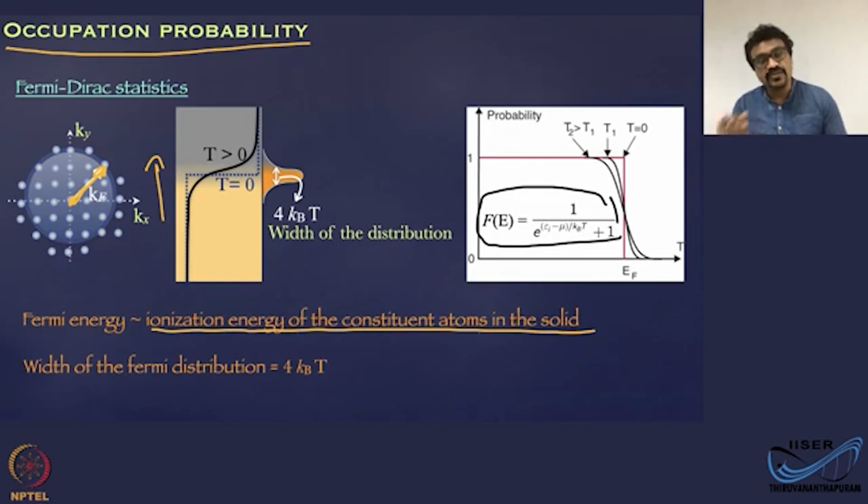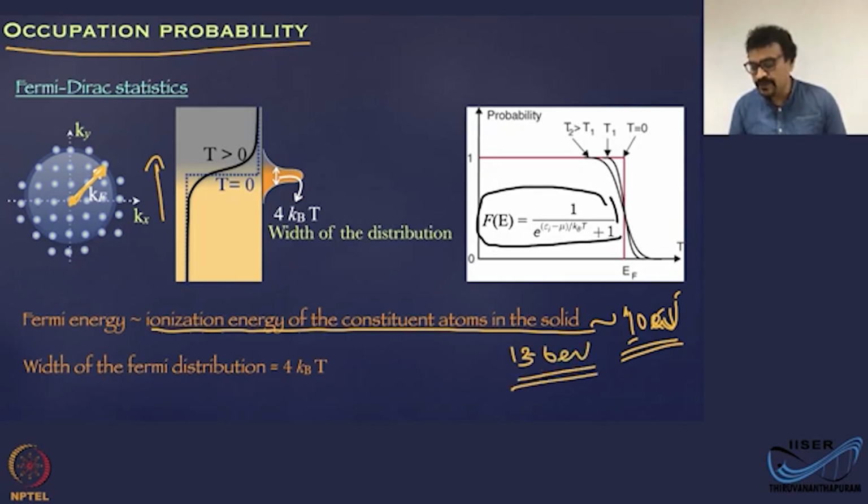So the energy of those electrons should, in principle, be comparable to the ionization energy of the solid. So it will be on the order of 10 electron volt. I'm not saying it's an accurate number, but in that order, because you know that the ionization energy of the hydrogen atom is 13.6 electron volt, that we know.